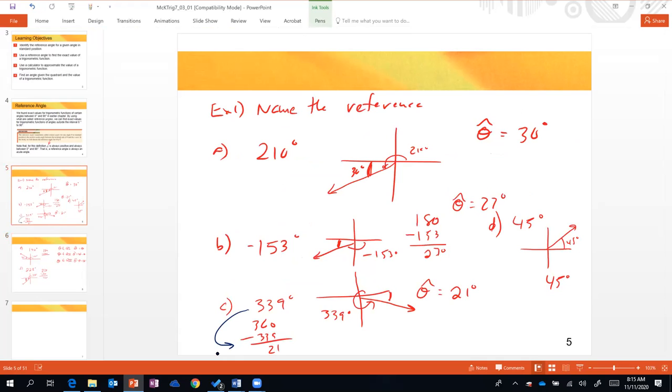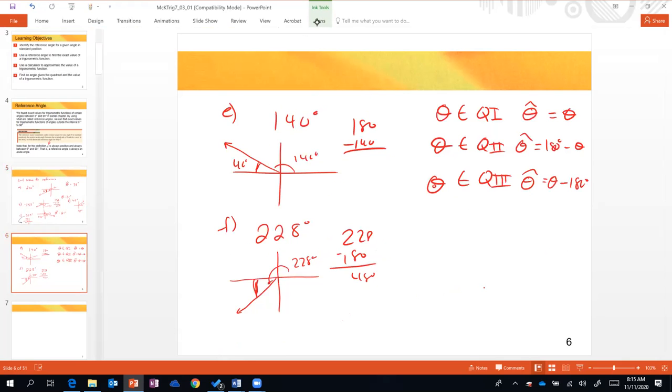For our angle in quadrant 4, now we take it from 360. Are we good? It's the 360. Boom. Okay, so if theta is in quadrant 4, theta hat is 360 minus theta itself. Are we good?